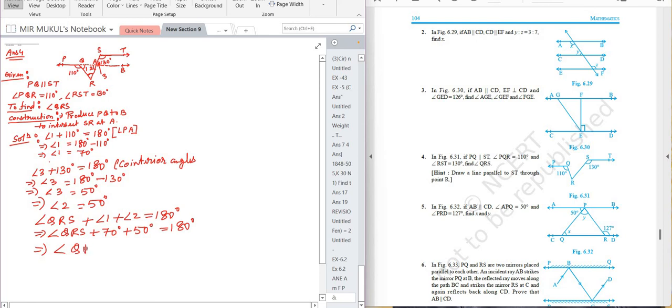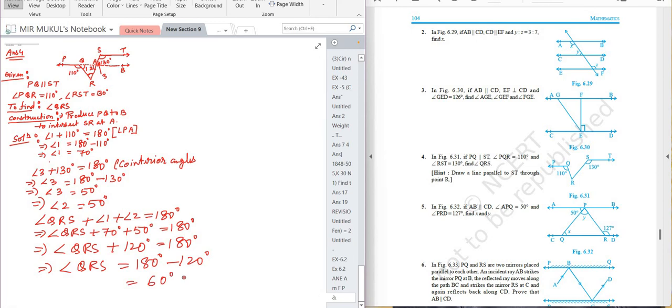Angle QRS, 70 plus 50, 120 degrees, equals 180 degrees. So angle QRS will be 180 minus 120 degrees, so it is 60 degrees. Check answer. Yes, sir. It is correct. So here I am closing this video. Question number 5 and question number 6 you will do as homework.